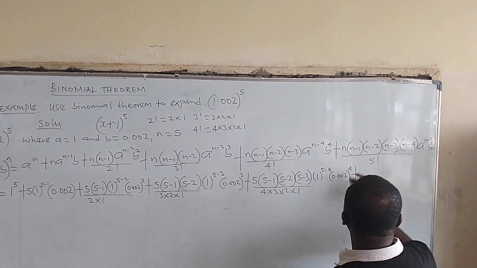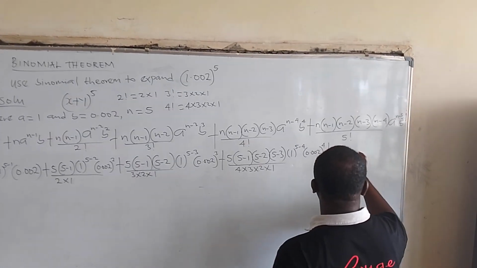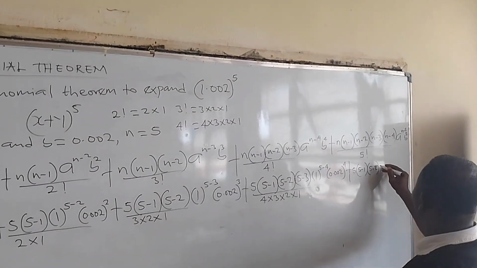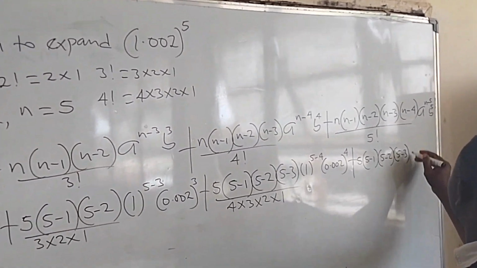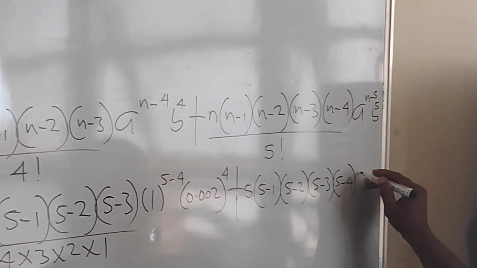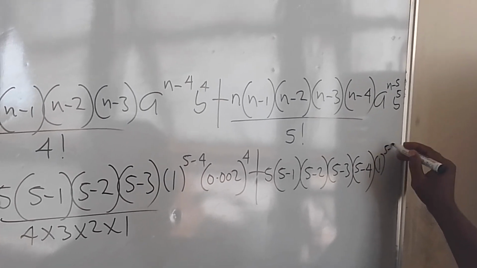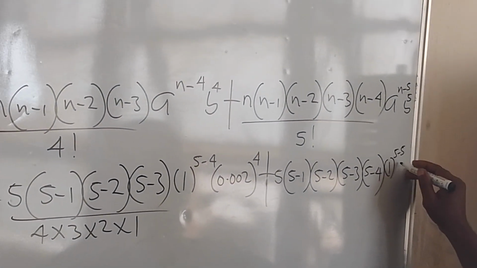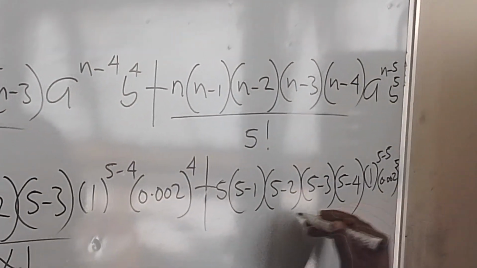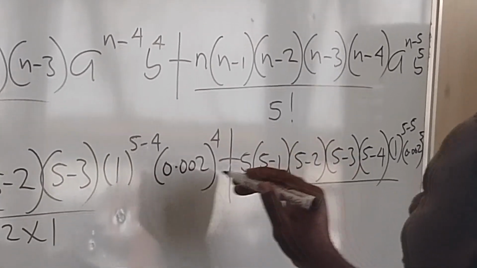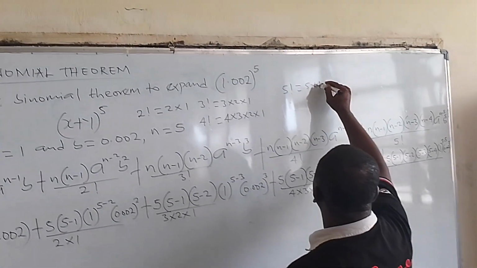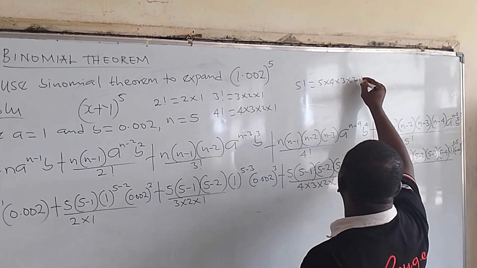Is that okay? So our n here is 5, then 5 minus 1, 5 minus 2, 5 minus 3, 5 minus 4, all in bracket 1 raised to the power of 5 minus 5, and our b is 0.002, all in bracket raised to the power 5, all over, 5 factorial, which means 5 times 4 times 3 times 2 times 1.